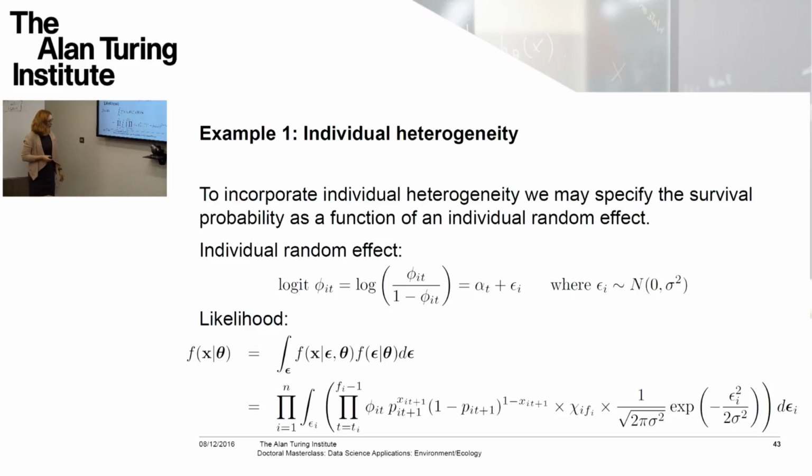And then when we write down the likelihood, the parameters in our model are now the capture probabilities, the alpha, and the sigma squared. And we integrate out the epsilons. So this is what this expression is here, but we can't do this integration. It's analytically intractable.